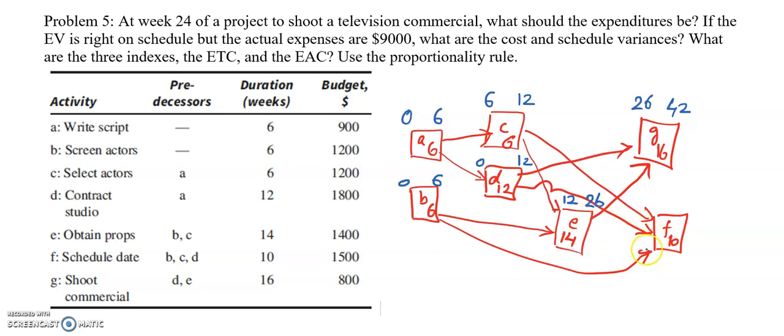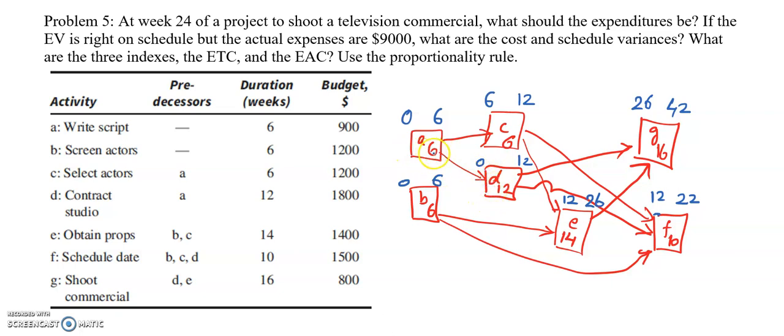And this one will be 6, 12 and 12, so it will be 12 and then 22. So it shows that the project will complete in 42 days.